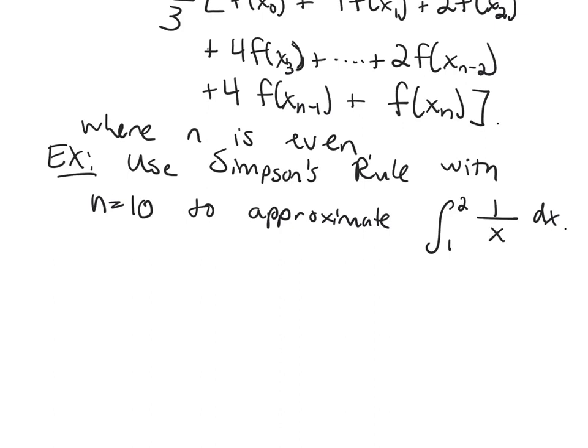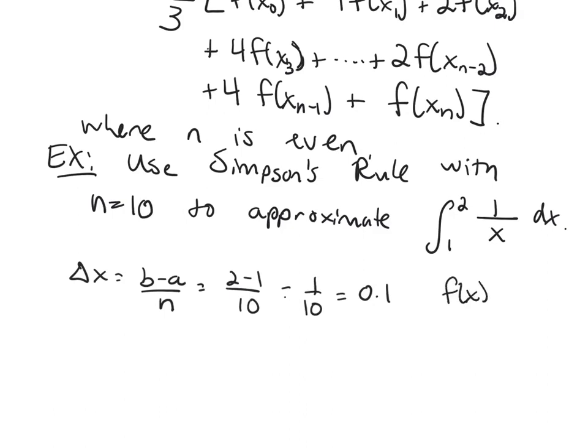Just like with Riemann sums, you start by calculating your delta x, because you need that for the formula. Delta x is b minus a over n, 2 minus 1 over 10, so 1/10 or 0.1. My function is 1 over x, so we're ready to use our formula for Simpson's rule.